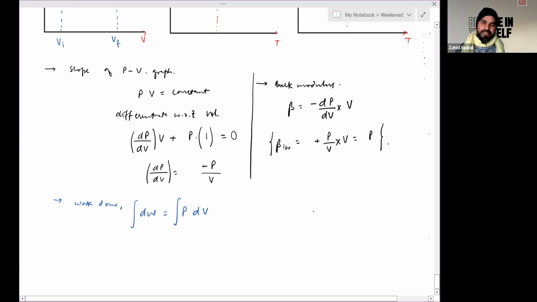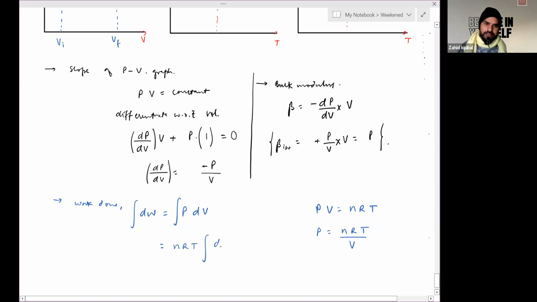using the ideal gas equation, PV equals nRT, so P equals nRT divided by V. Put this pressure in terms of volume, in which nRT is constant.